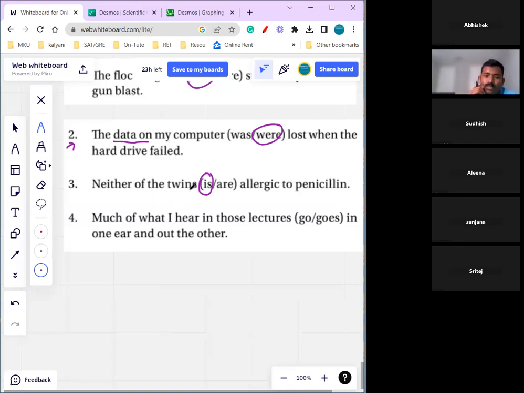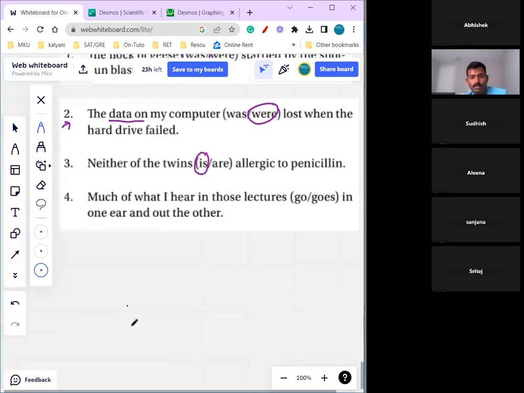Okay. Good work. How about number 4? Mihira, can you please read number 4 for us? Much of what I hear in those lectures go or goes in one ear and out the other. Go ahead and answer that one. That's good. Let's see some answers.